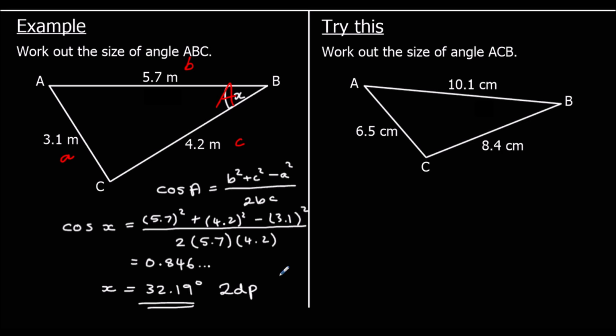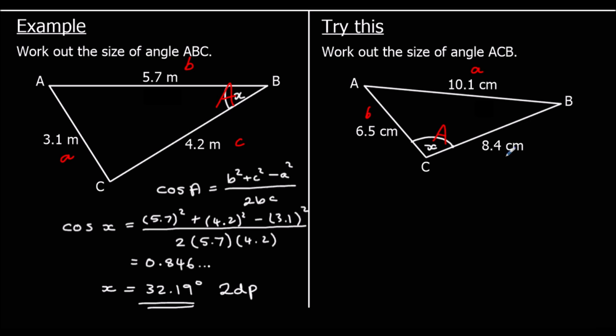We want ACB this time, ACB. So that's x. Again, it's the cosine rule for angles. So cos A equals b squared plus c squared minus a squared over 2bc. So big A is going to be our angle. Opposite big A is little a.